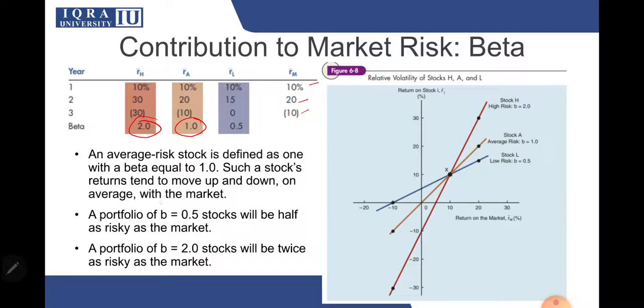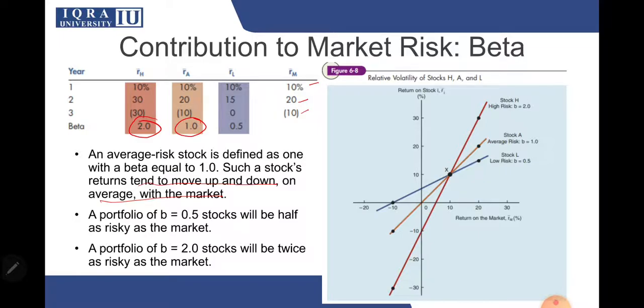Such a stock's return tends to move up and down on average with the market. If the market goes up by 10%, the stock will also go up by 10%. And RL is 0.5. So the beta for L is less, which means it has less risk. If the stock market moves by 10%, it's only going to move by 5%. So it's not very responsive to the market.